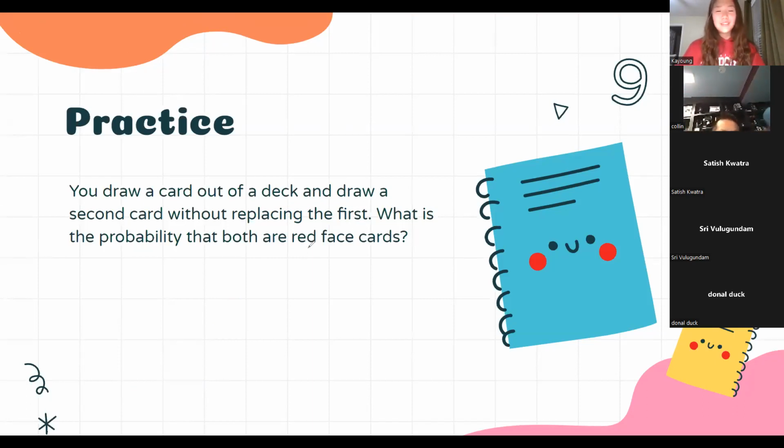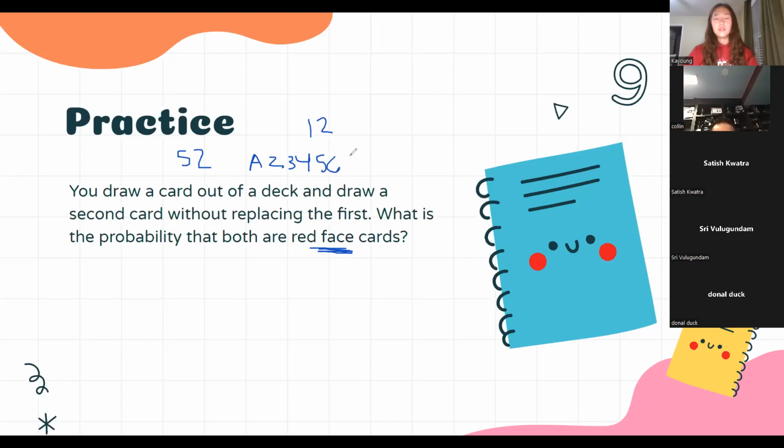So yeah, it's a face card as in Jack, Queen, King. So remember that there's gonna be 3 times 4. How many cards are in a deck again? There's 52 cards in a deck, and in each suit, there's gonna be ace, 2, 3, 4, 5.